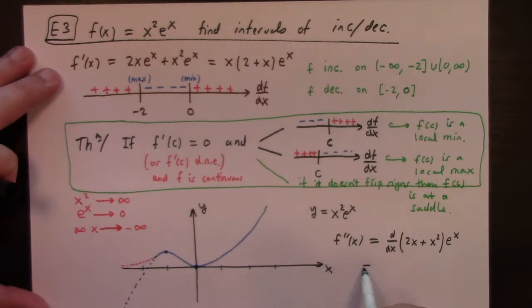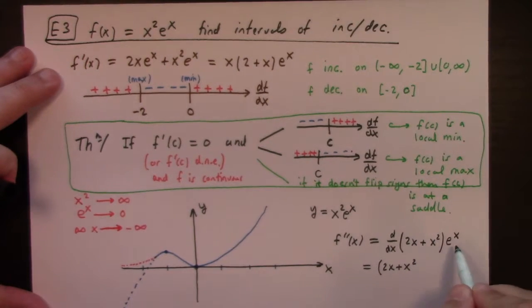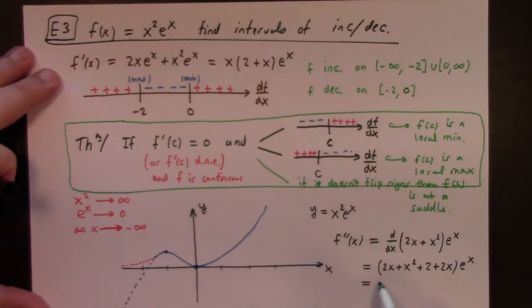And when I differentiate, I get 2x plus x squared from the derivative of the e to the x term, and then plus 2 plus 2x from the derivative. I mean, that's product rule. I just did it in my head. So what do you got? You got x squared plus 4x plus 2, if I haven't made a mistake.